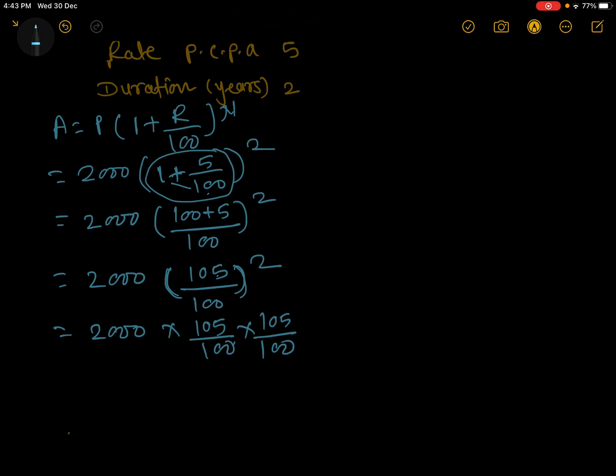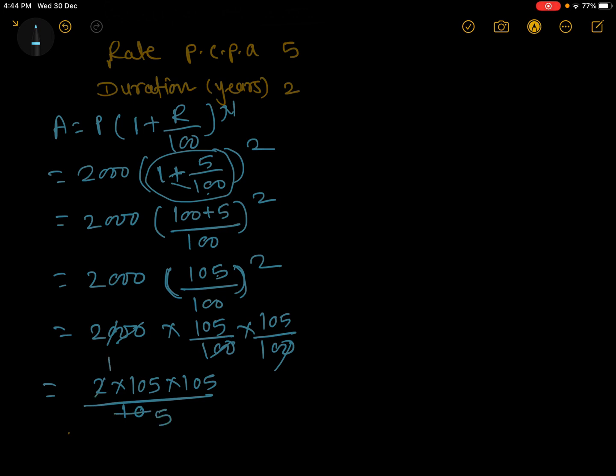Then this 20 and 20 get cancelled, 10 and 10 get cancelled. Then we get 2 into 105 into 105 upon 10. Then again we divide here.